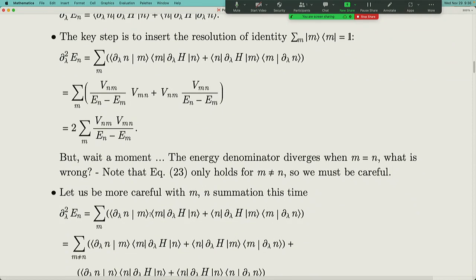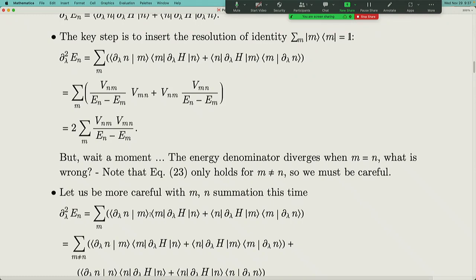So that's the idea. But I'm hiding something. Wait a moment. If you look at this result, it doesn't make sense because there's an energy denominator, you see? There's a denominator of energy difference here in this expression. And this denominator seems to diverge when m equals n.